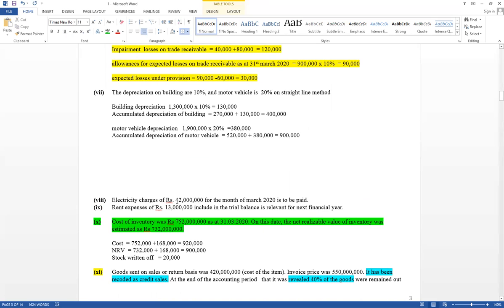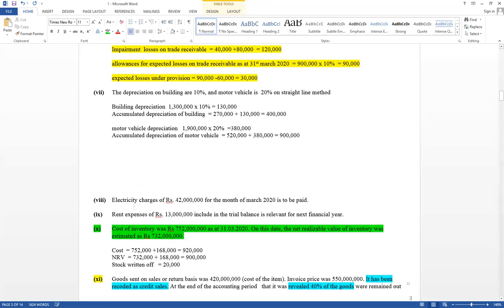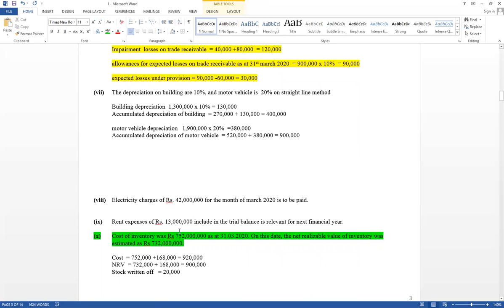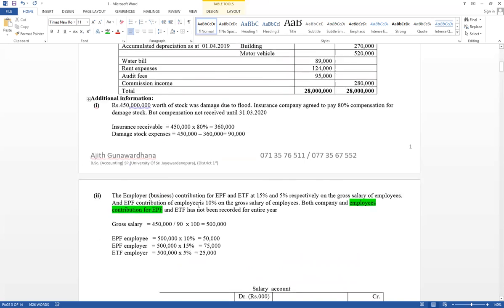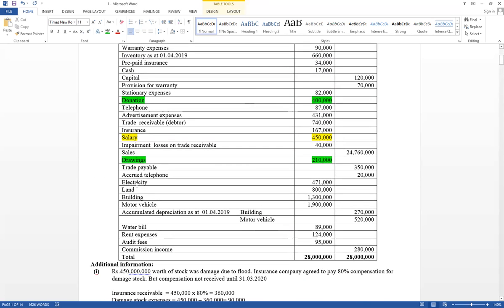Right, next one, electricity expense. Next one, additional 8. Think about accrued expense. Electricity charges of 42,000 for the month of March 2020 are to be paid. That is accrued electricity. Therefore think about electricity expense. The trial balance also gives the electricity expense account balance. As expense we have to consider the total value. Cash account credit, electricity expense account debited.